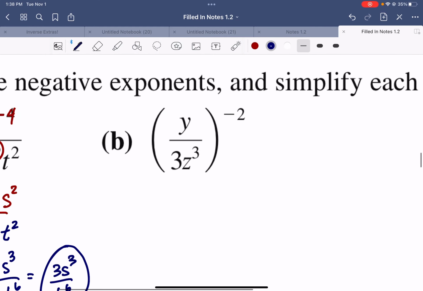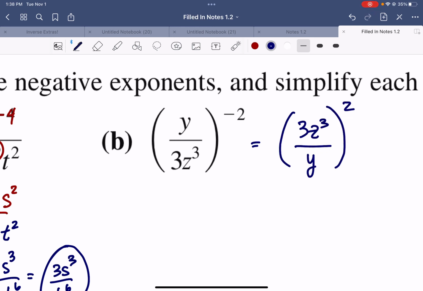Next, for this to the negative second, there's a couple ways to do it. Well, we saw that we had a property that said if you have a fraction to the negative second, that's the same as the flip of it to the positive second. But if you have stuff over stuff to the second, you can just distribute it to the top and bottom and get the top to the second over the bottom to the second.